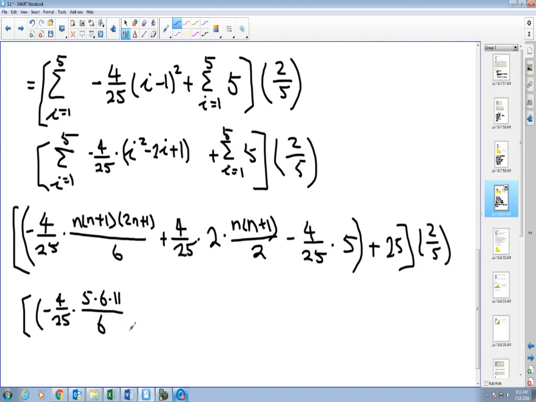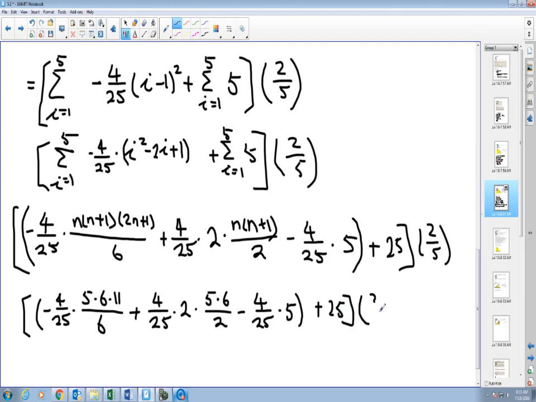The 5 here will become 11, plus 4/25 times 2 times 5 times 6 over 2, minus 4/25 times 5, and I will add the 25 in a minute, and then afterward everybody times 2/5, the width.